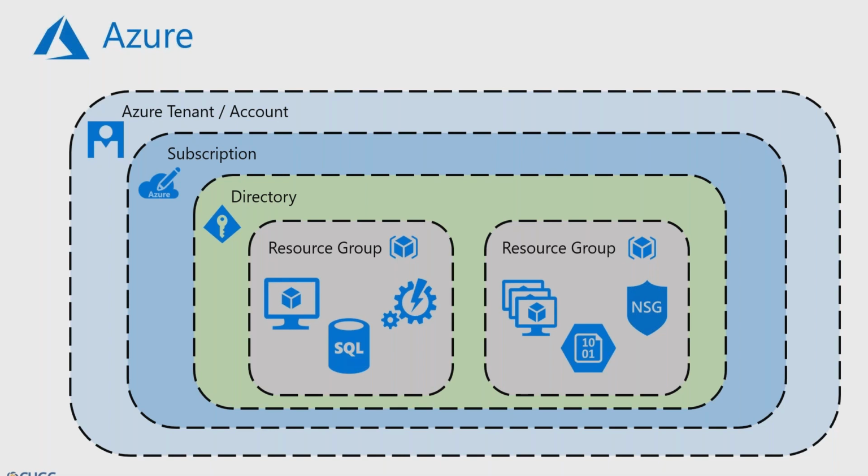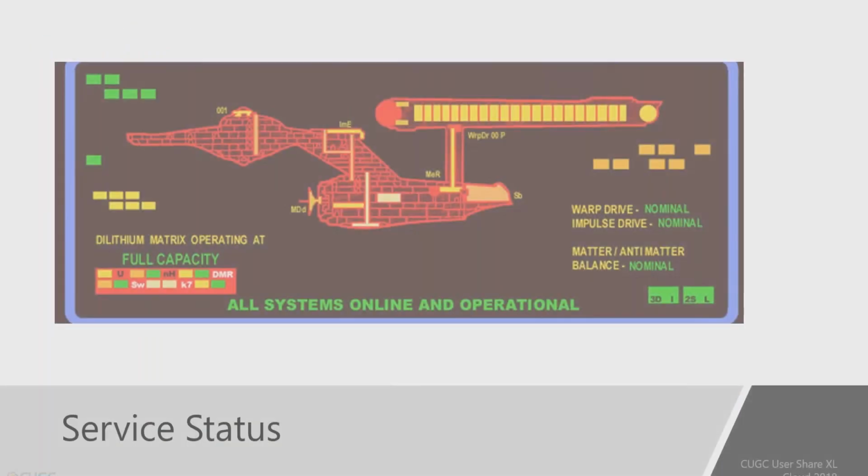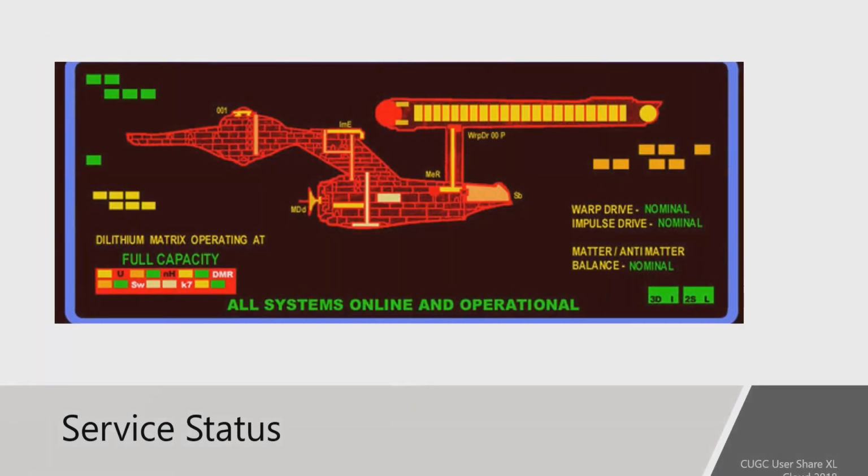All right, so we're going to move on right away to service status. This is kind of cool, if you think about it. There are different providers that provide their own service status, but what about cross-platform? If you look at it, you can go to status.cloud.com.